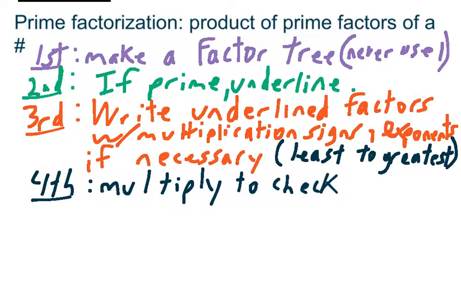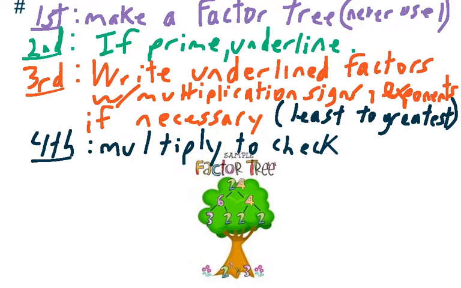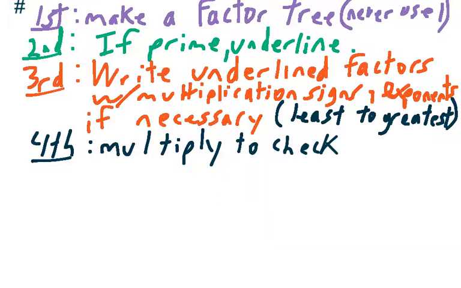All right, let's try using our factor tree. Oh, there's our factor tree. So let's say, for example, that we wanted to find the prime factorization of 45.